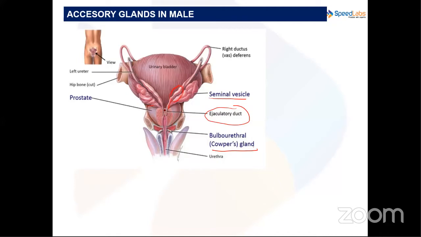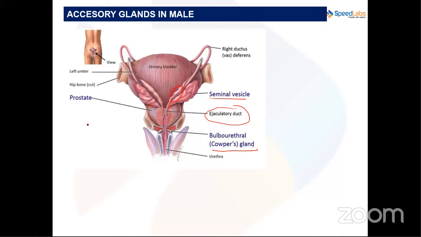In the coming classes, I will explain the different regions of this urethra. The urethra is divided into 3 regions: the prostatic urethra near the prostate gland, then the membranous urethra, and then the lower part, the penile urethra, that enters the penis. All right, this we are going to do in the coming classes.